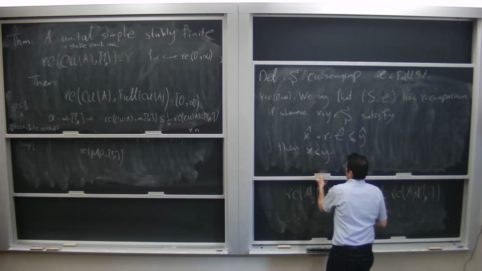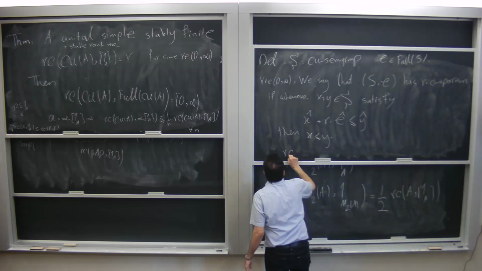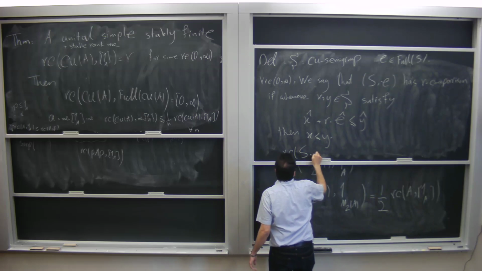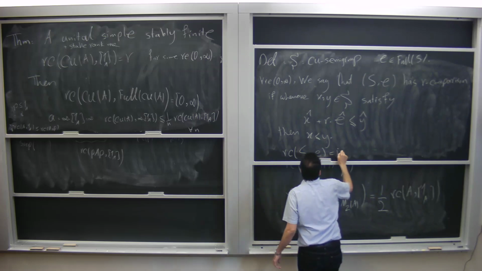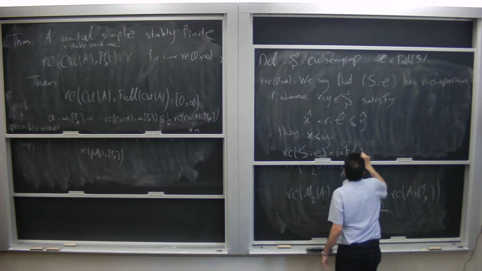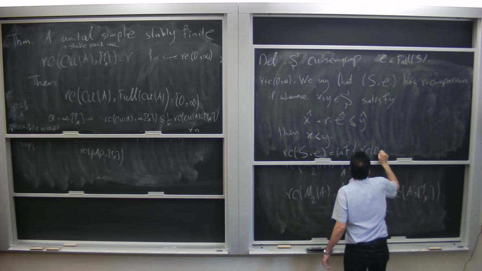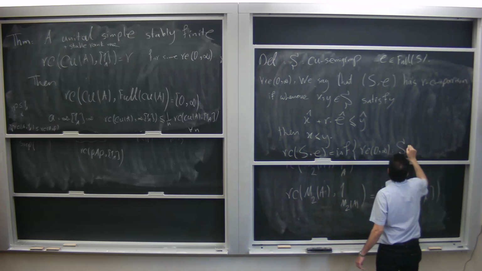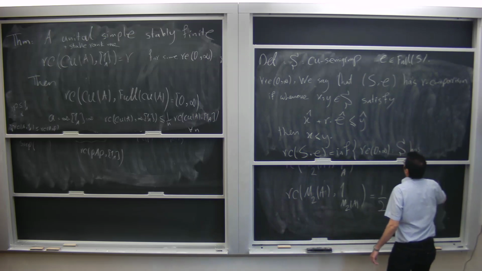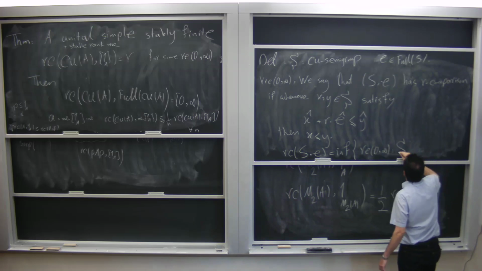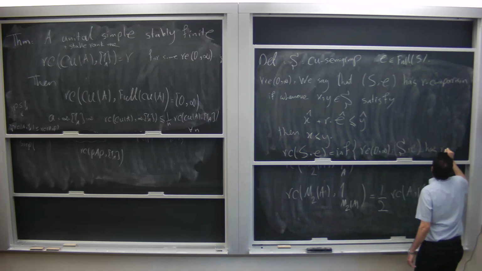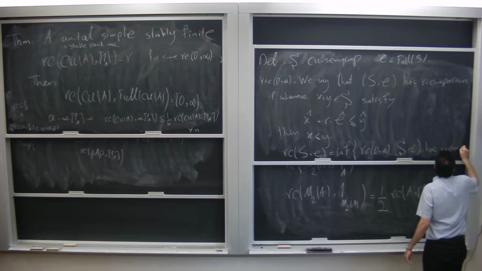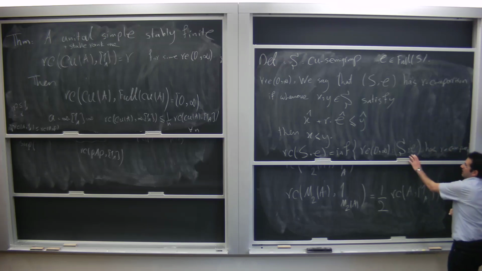Now the radius of comparison of S with respect to E is just the infimum of r in (0, infinity) such that S and E has r-comparison.